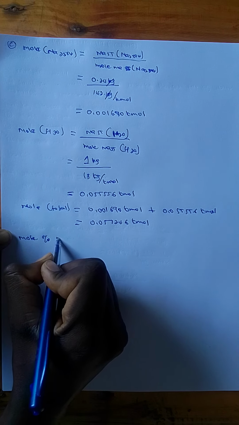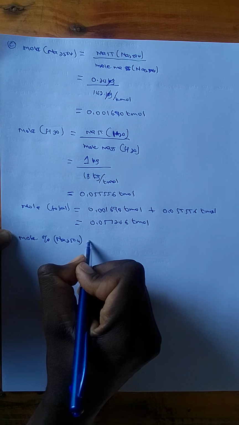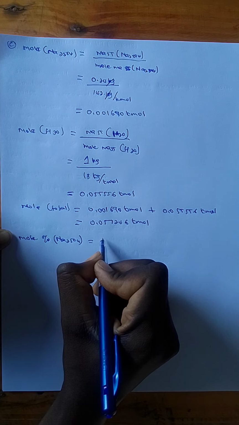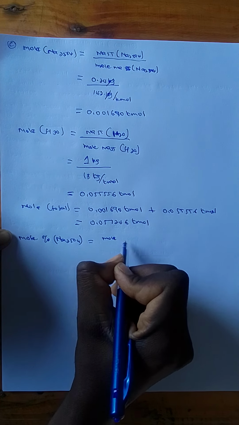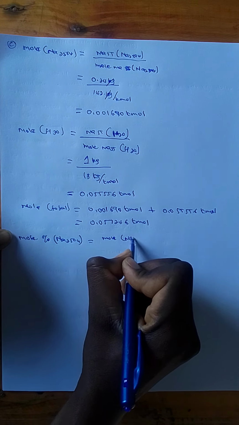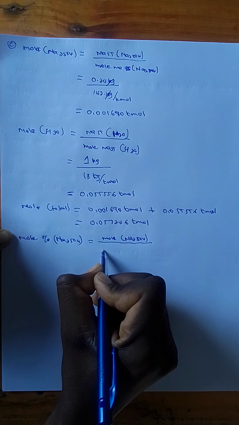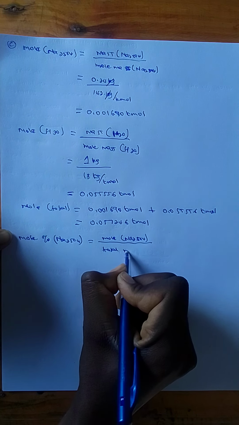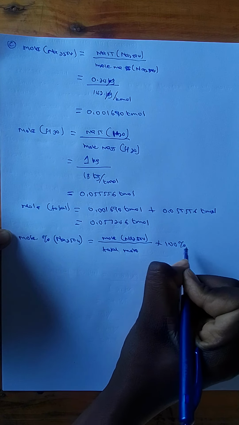Mole percentage Na2SO4 equals mole Na2SO4 all over total mole multiplied by 100%.